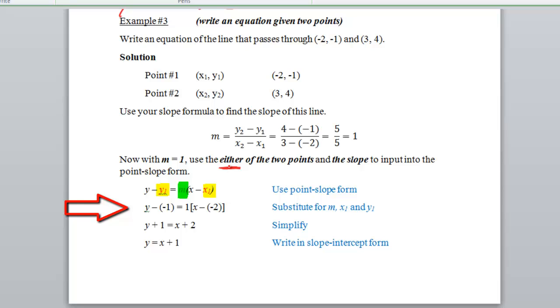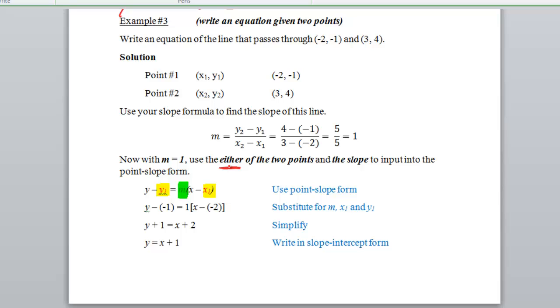And then on the other side of it, we have the slope of 1 times x minus a -2. And again, I've used a -2 with parentheses. And then, of course, negative of a negative is just a positive, and I can just rewrite this as y plus 1 equals x plus 2. Subtract 1 from both sides, and then we have a nice simple equation in slope-intercept form.